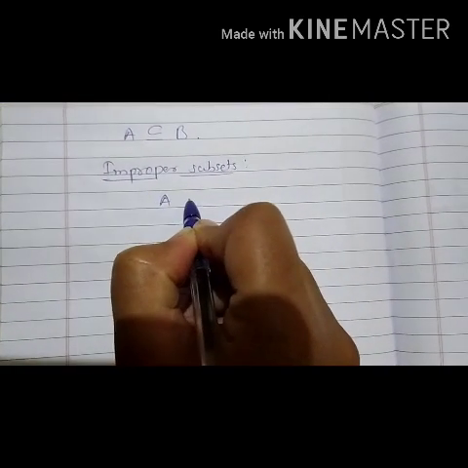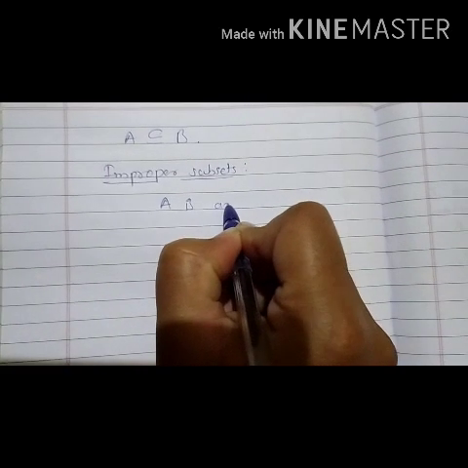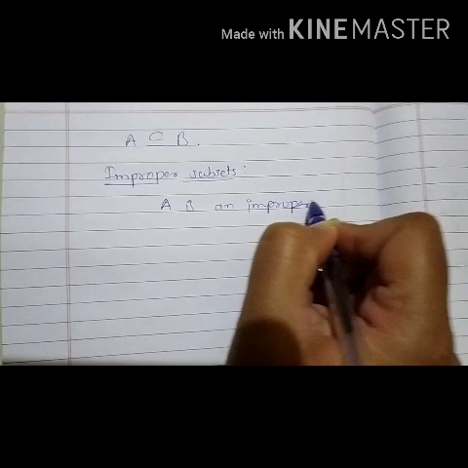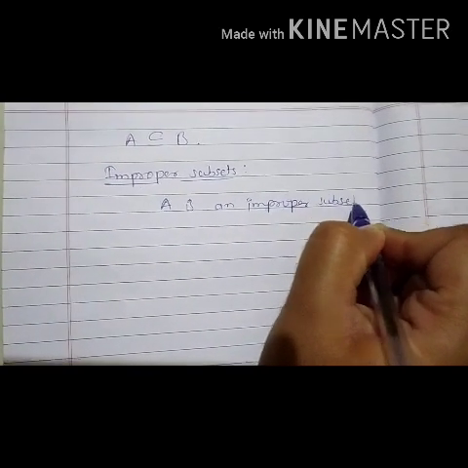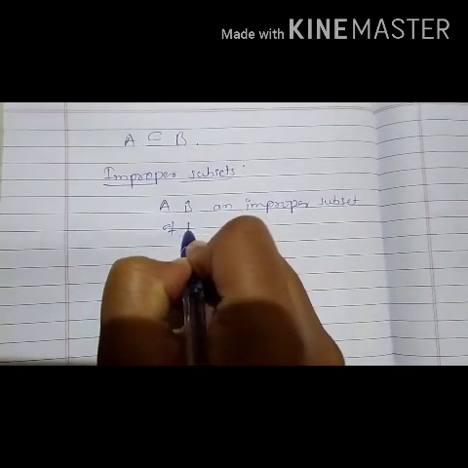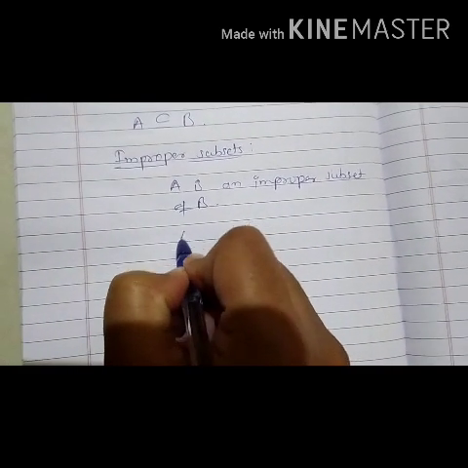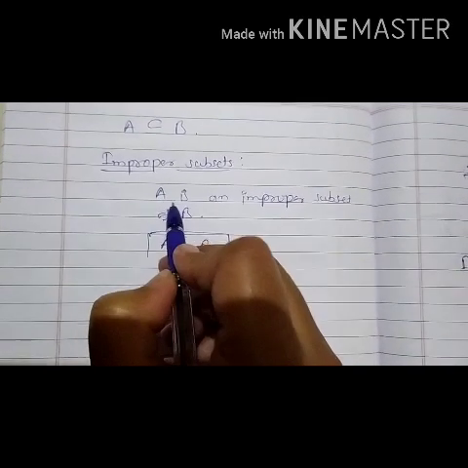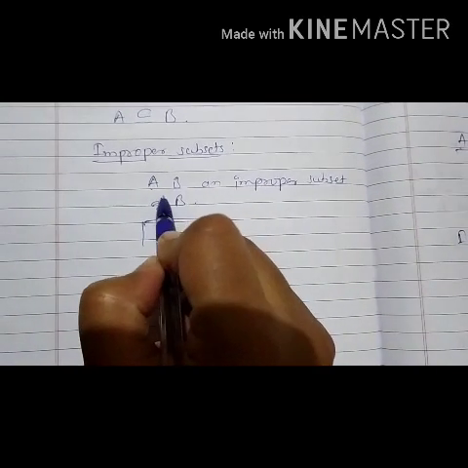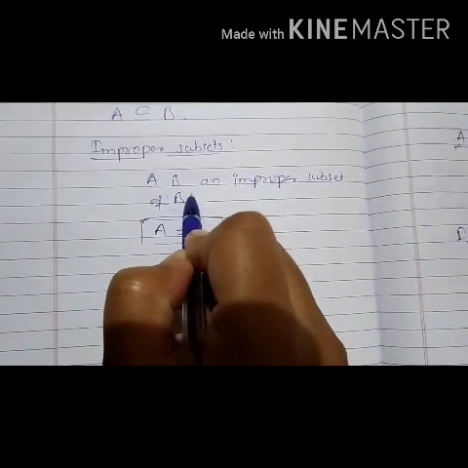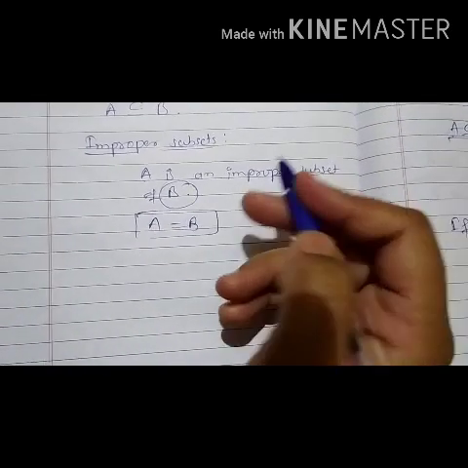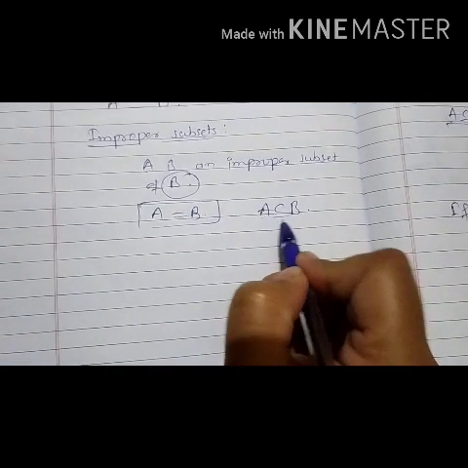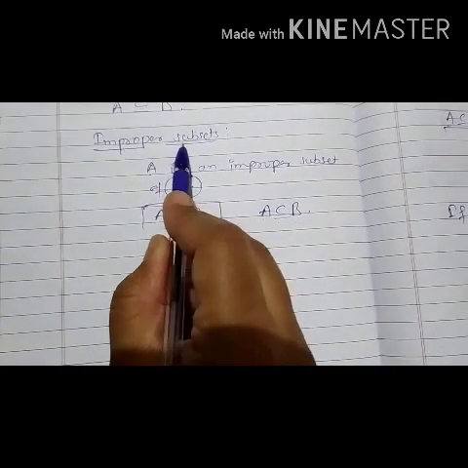because if A is an improper subset of B, then A is equal to B, because set A contains all elements from the original set B, and we have A is a subset of B. Okay, A is a subset of B and A is an improper subset.